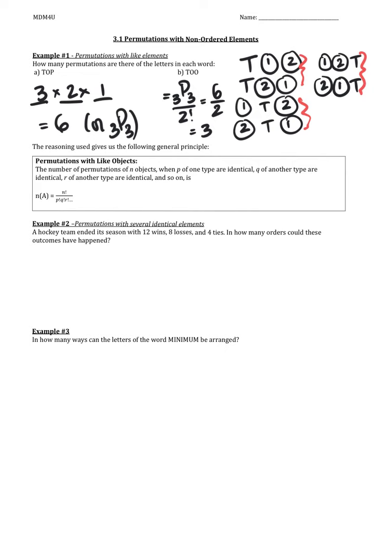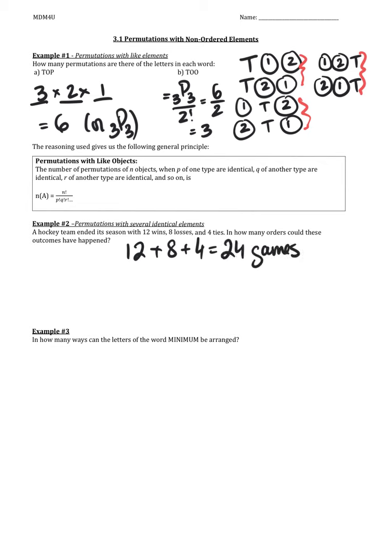Okay, so a hockey team ended its season with 12 wins, 8 losses, and 4 ties. How many orders could these outcomes have happened? So in total, we want to add up how many games we have. So 12 plus 8 plus 4, we have a total of 24 games.